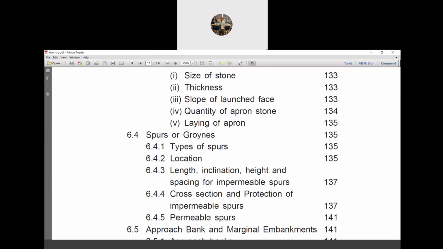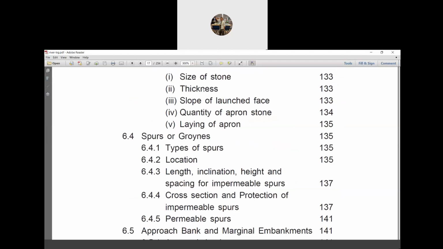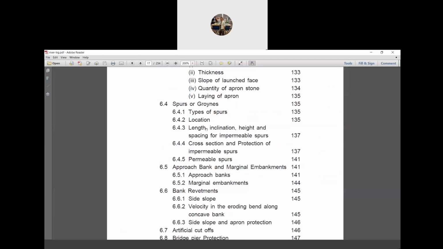Here you'll see there are impermeable spurs, permeable spurs, then types of spurs, the location, how much inclination you should put, what is the height, what is the spacing between impermeable spurs. All these things, please take it as a homework assignment. I will try to explain again next class, but you also study a little bit before the next class. Study a little bit from page number 135 up to page 144.